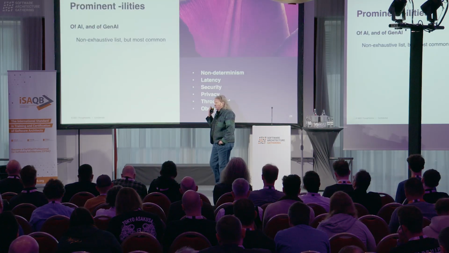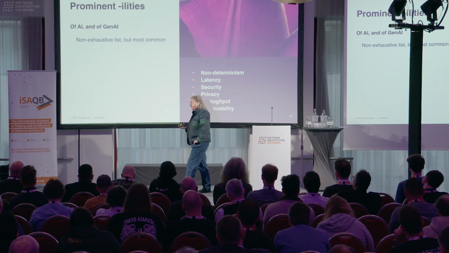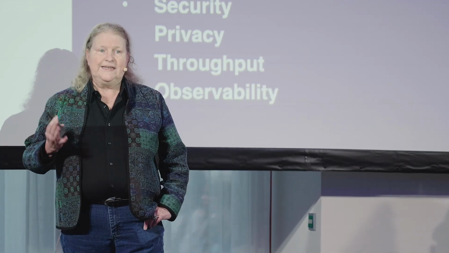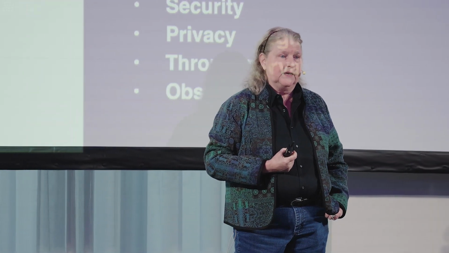I do want to emphasize again the importance of observability. We need to know what these systems are doing. And this is not the same kind of just operations observability we've had in the past. And then privacy is another big concern.